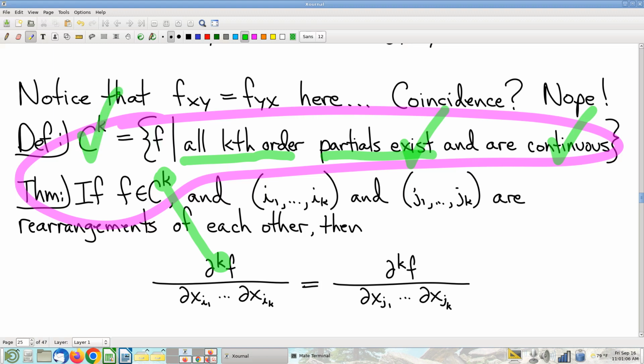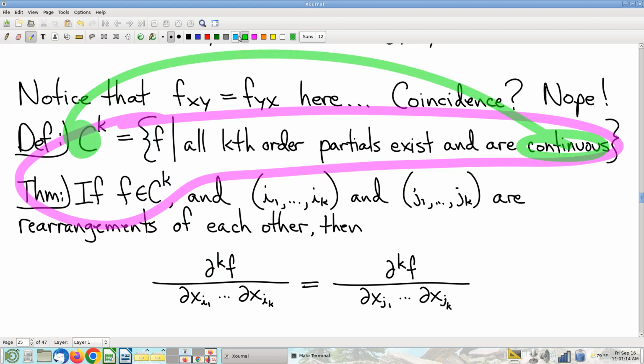The C is for continuous, and the K is for how many partials have to be continuous. All right, so there's the result. Everybody happy with that? We're not going to prove this theorem. It's beyond this course, but it's important to know.